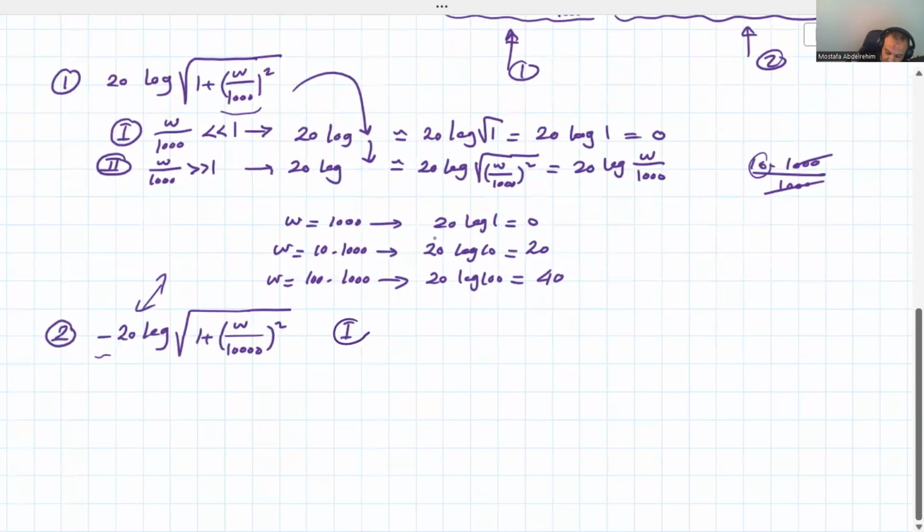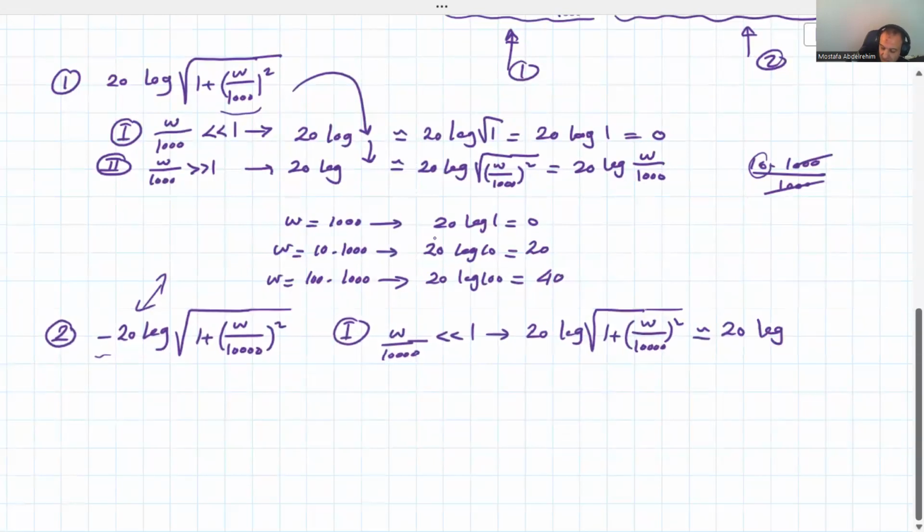So case 1: when omega over 10,000 is much less than 1, the 20 log square root of 1 plus omega over 10,000 squared will be approximated as 20 log square root of 1, which is 0.